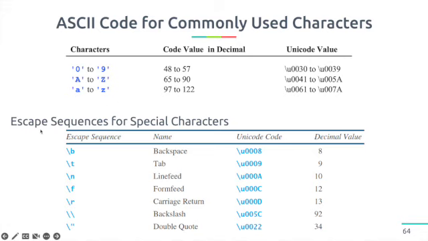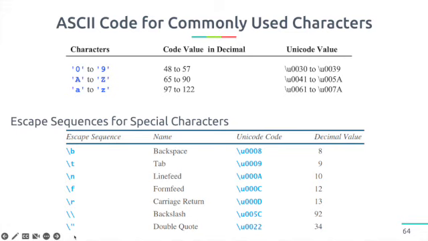So we also use escape sequences for special characters. Whenever we want to, for example, use some special characters, such as writing a tab in the text that we want to be printed, or typing a double quotation within a string, we need to use those escape characters.